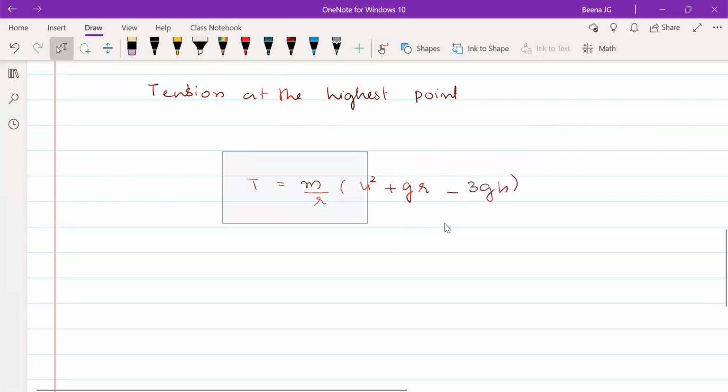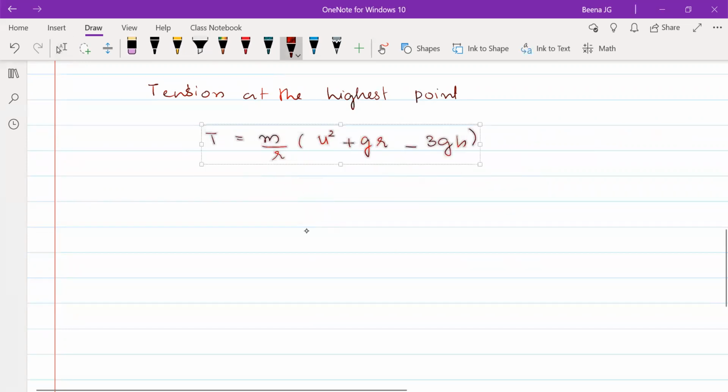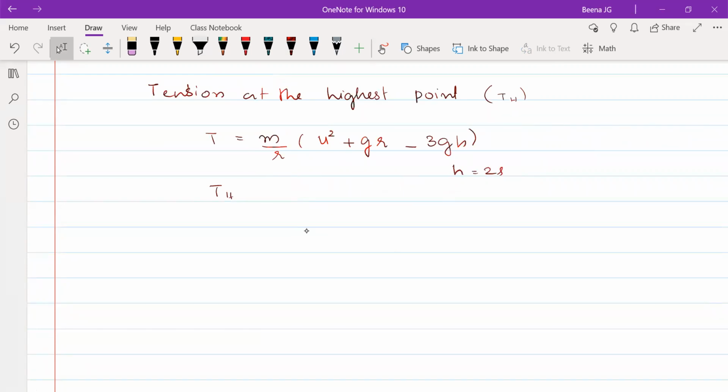So we have to substitute h as equal to 2r. So we will write TH, that's the tension at the highest point. Over here, h is equal to 2r, so this will become m by r into u square plus gr minus 6gr.